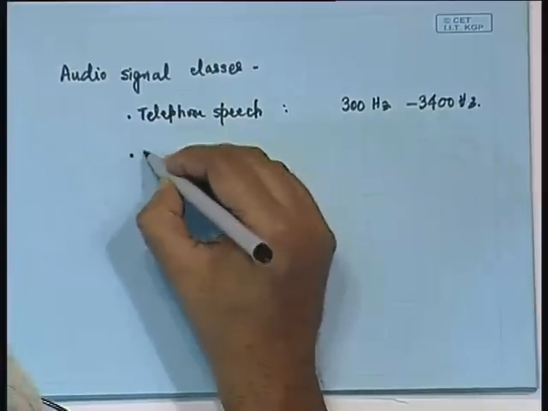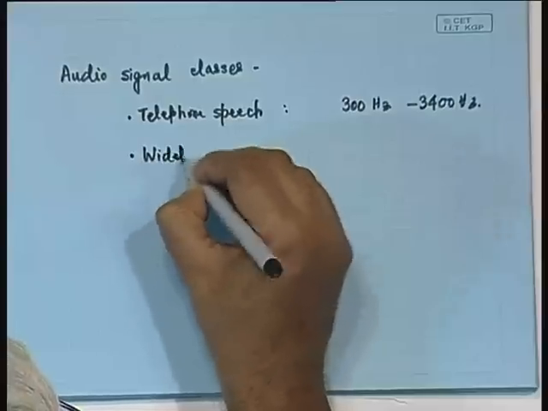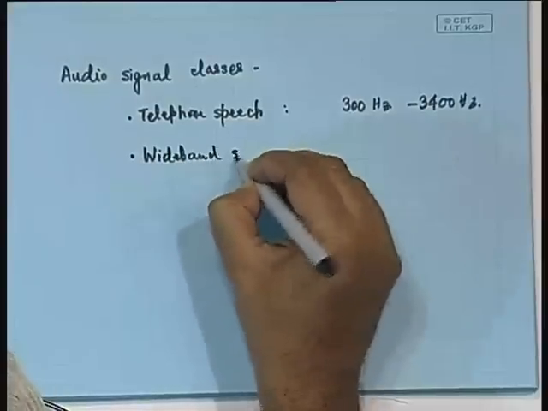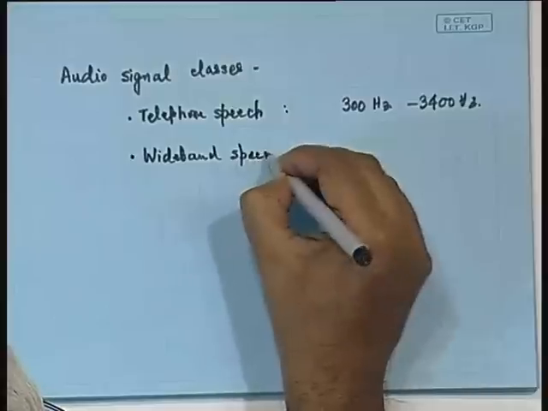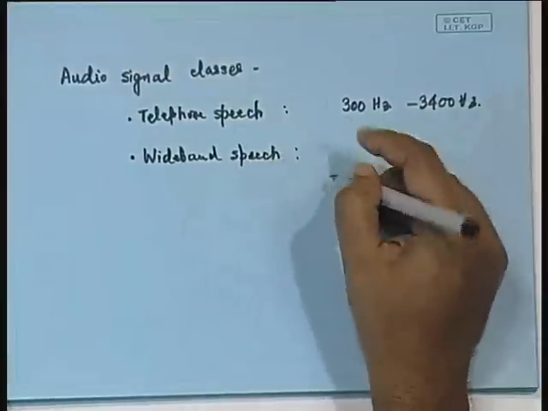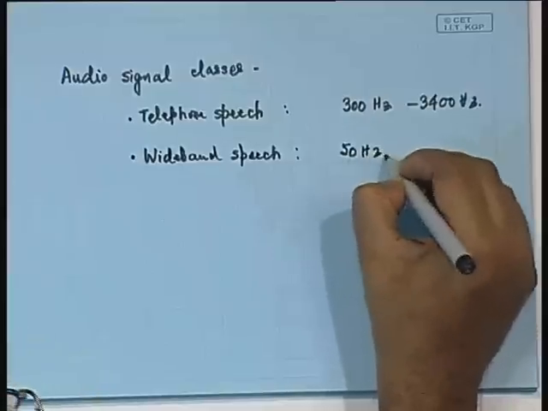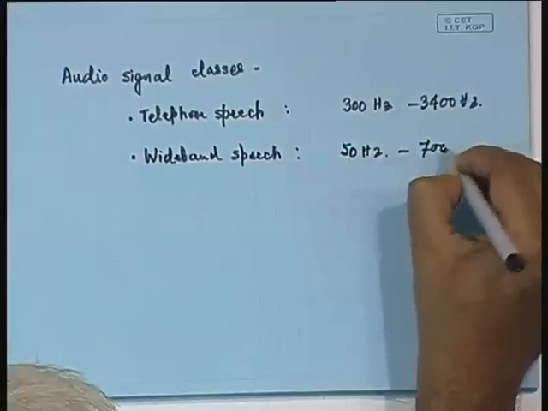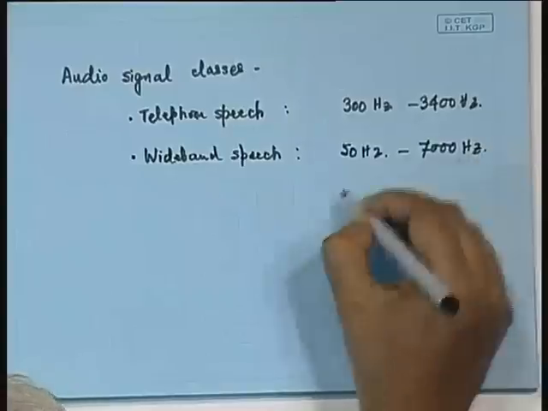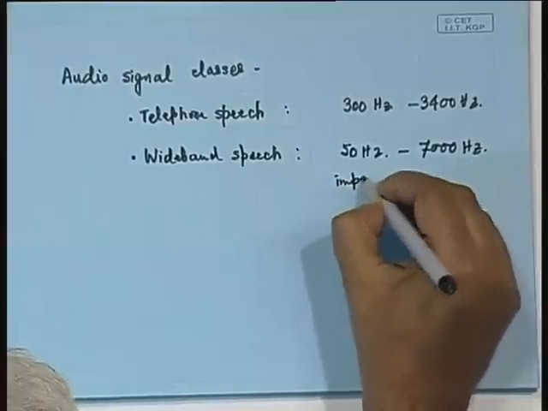And the second audio class is the wideband speech, and for wideband speech the frequency range of coverage is 50 hertz to 7000 hertz, and this is for improved speech quality.